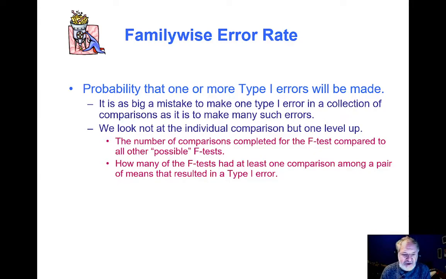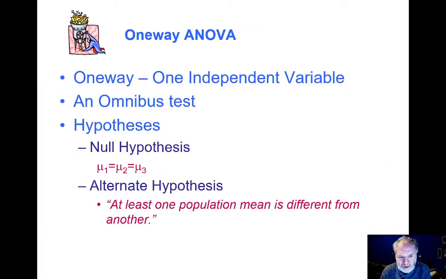We do the analysis of variance. And we'll explain in a sec conceptually what that means. I'm looking at the means, but I'm looking at the variances of the groups within my study. It's referred to as the one-way analysis of variance with one independent variable. So it's a univariate test.